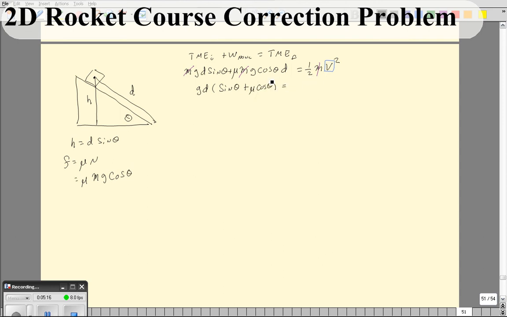And I'm going to bring over this 2, which is like this. And since this is v squared, v is going to be the square root of this stuff. So I'll just draw a box around this. So this is an expression for the velocity at the bottom.